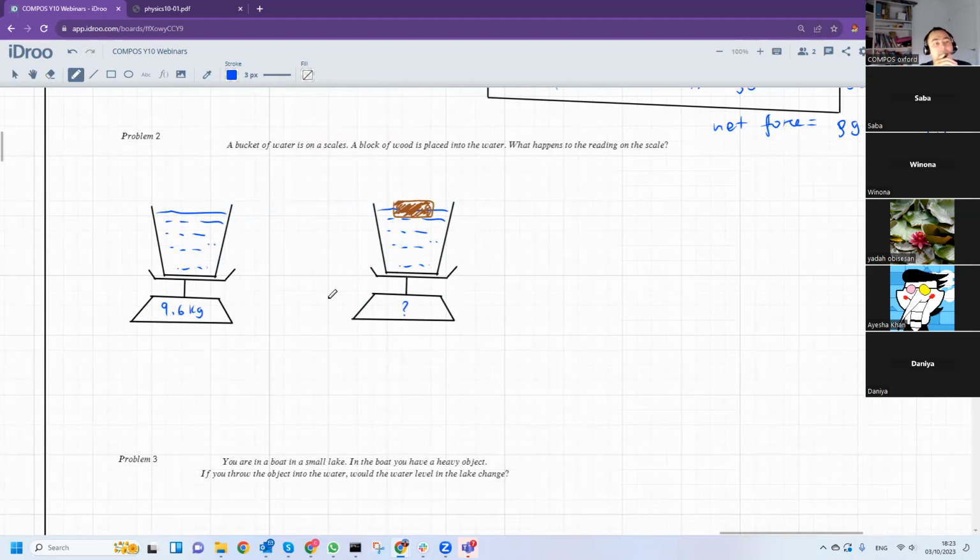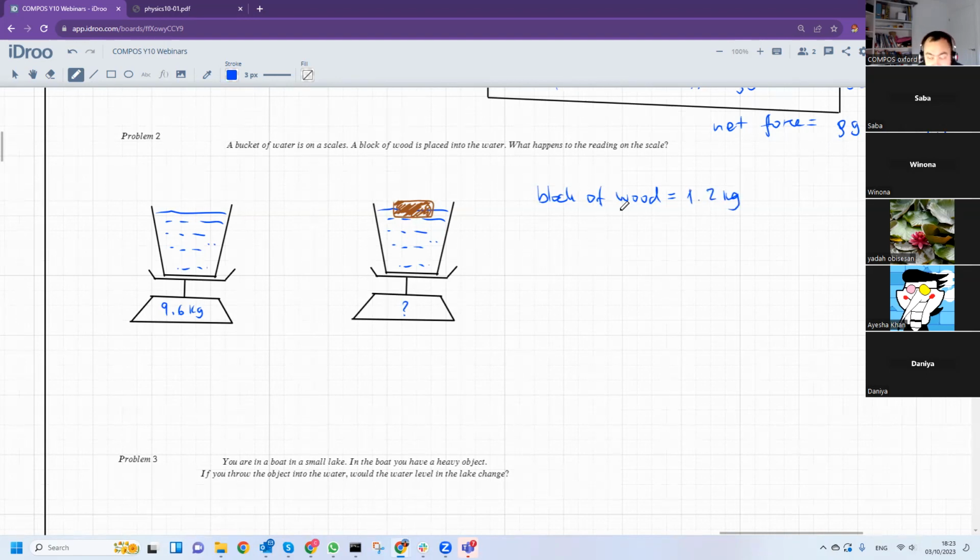Does anyone know? Let's say the block of wood is 1.2 kilograms. It's a lot of wood, but anyways, what do you think? What do you think will happen?